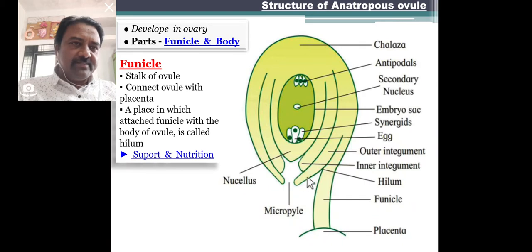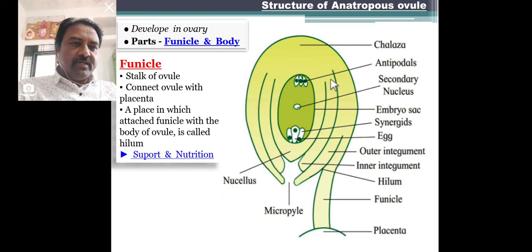This one is the body part of the ovule and this one is the funicle part of the ovule. The funicle is attached to the body. This part is called the hilum. What is the main function of the funicle? The funicle provides nourishment, food material, to the developing body part of the ovule.